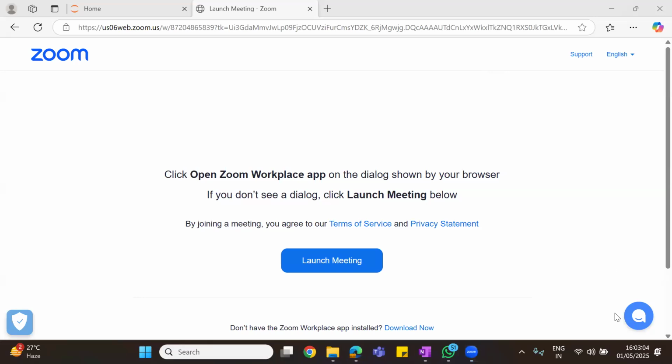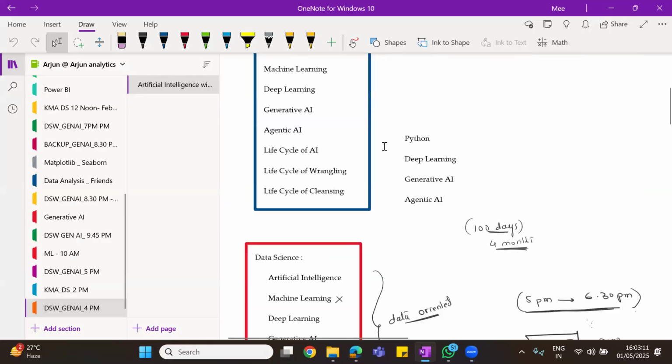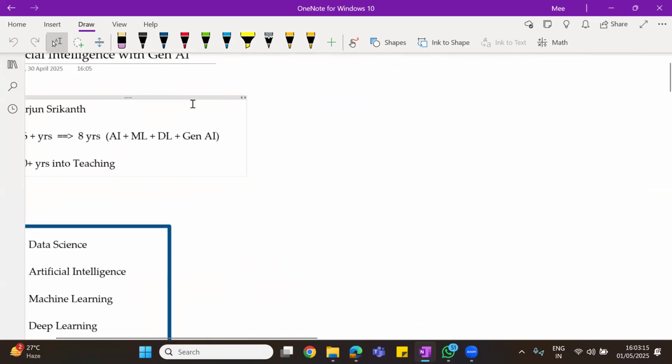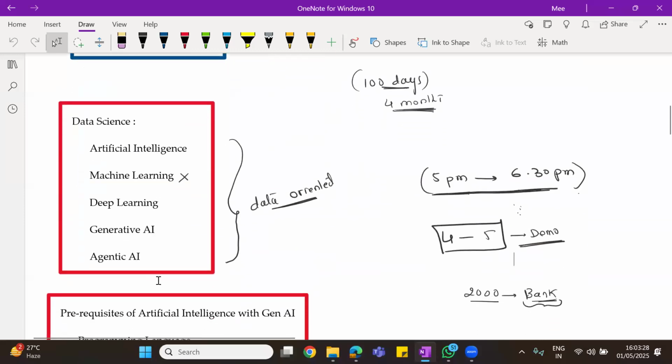Now, taking forward from the last class, we have seen the basic concepts involved and the things we are going to see over this demo program, and what is involved with data science, artificial intelligence, machine learning, deep learning, and generative AI.